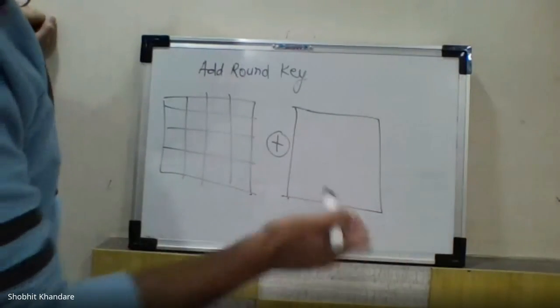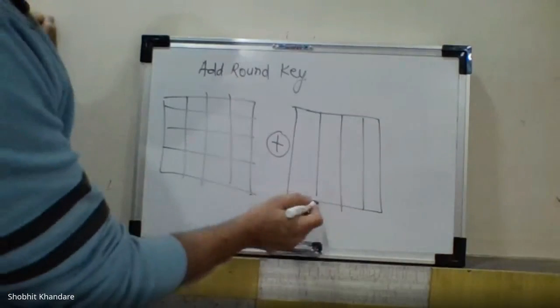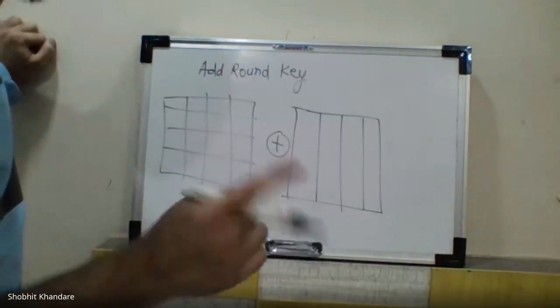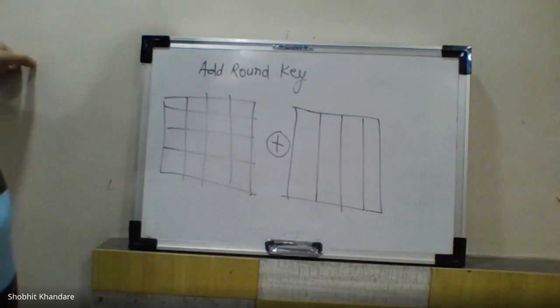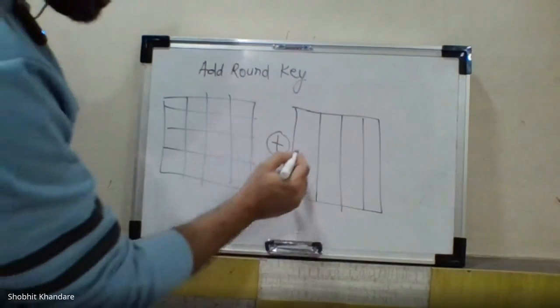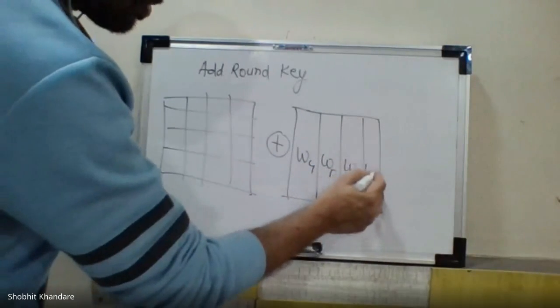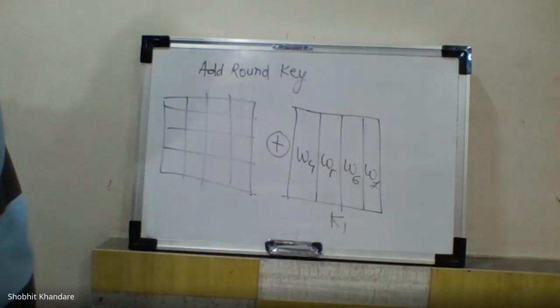That is also 4 words. So can I draw the 4 words here? As far as your round 1 is concerned, your 4 words are W4, W5, W6 and W7. So can I say this is my key one?